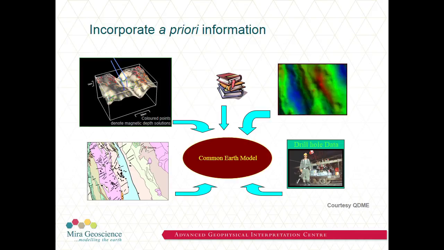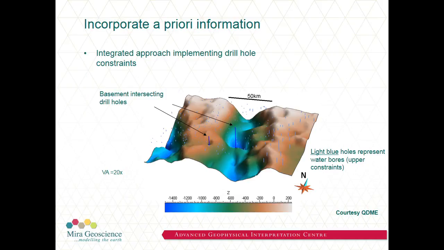And there was also some magnetic depth to source solutions that gave us at least some help with a starting model. So using those constraints, you get a different model, a much more sophisticated one.